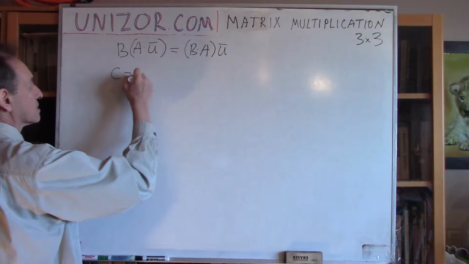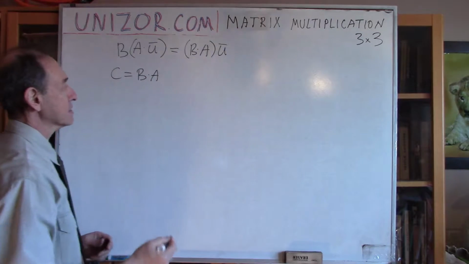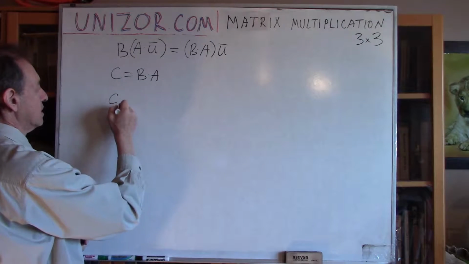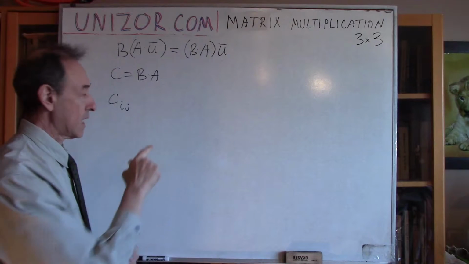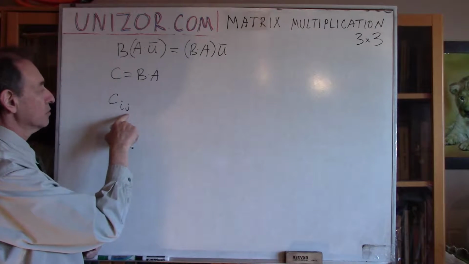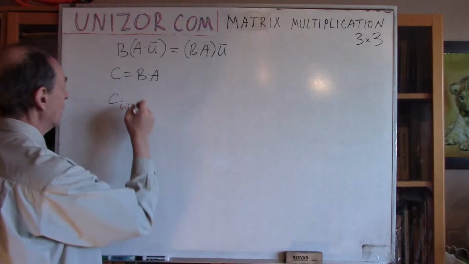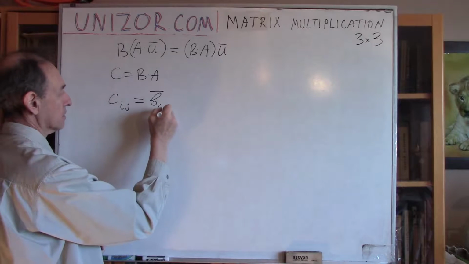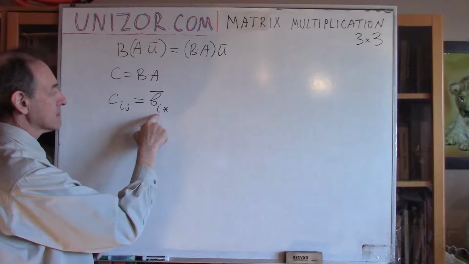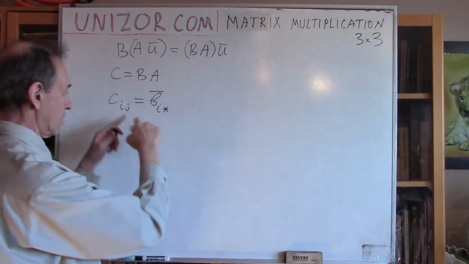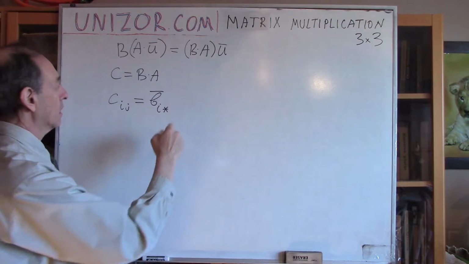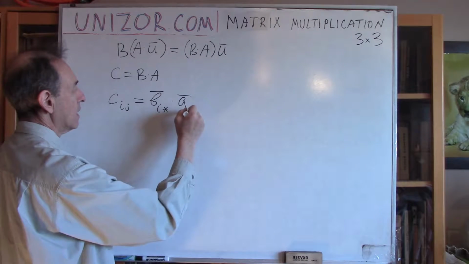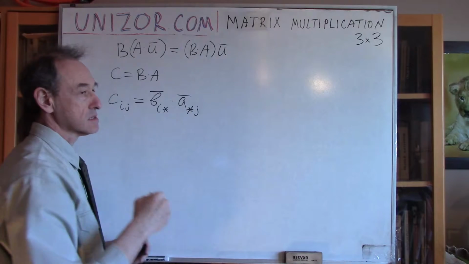My matrix C, the result of this multiplication, is defined by the following rule: Cij, the element in the i's row and j's column, and there are only 2 rows and 2 columns, equals B i-star, which is the i's row vector of the matrix B. So I just take the i's row as a vector, multiply it as a scalar product by the j's column vector.